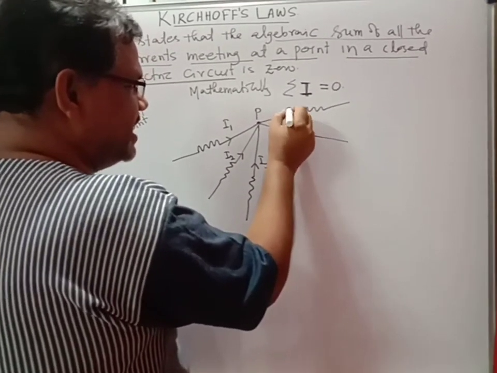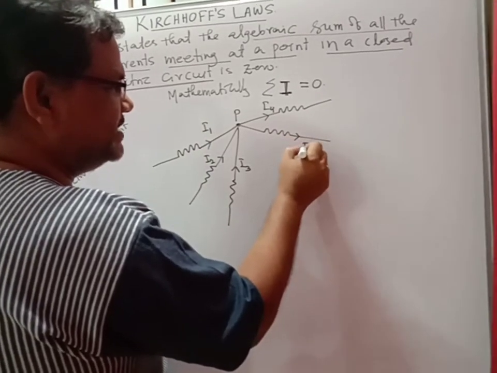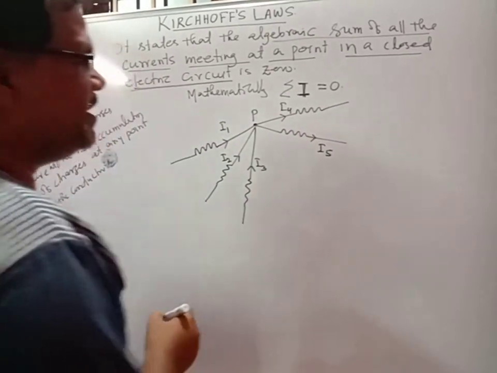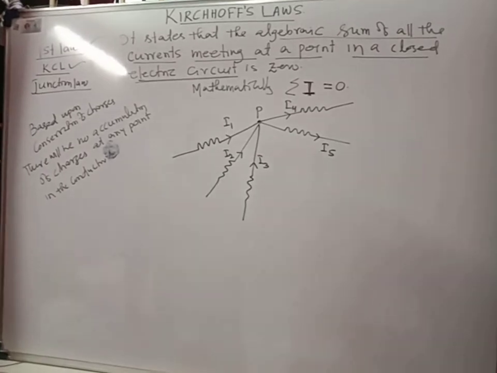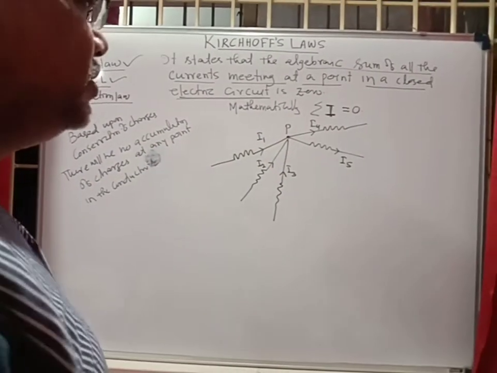According to the law, the sum of all the currents meeting at the junction P is zero.